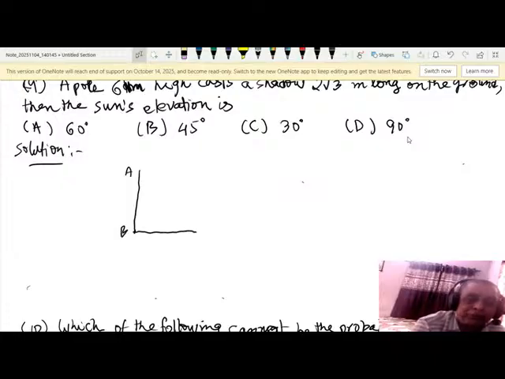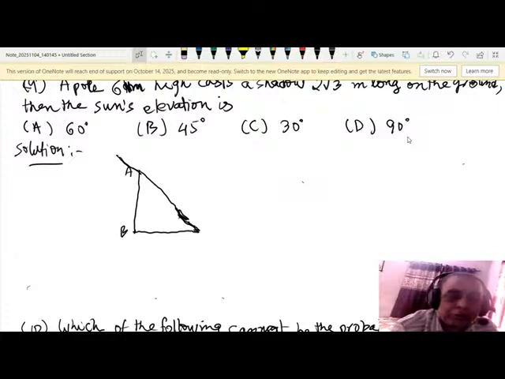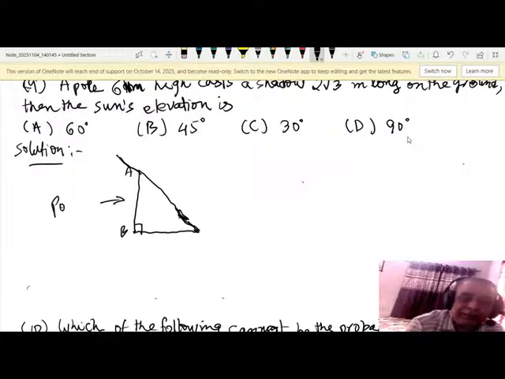It is perpendicular to the ground. The sun's elevation means at what angle the sun's rays are falling on the ground. Now it is falling on the ground like this, touching the top of the pole. So this is the pole.